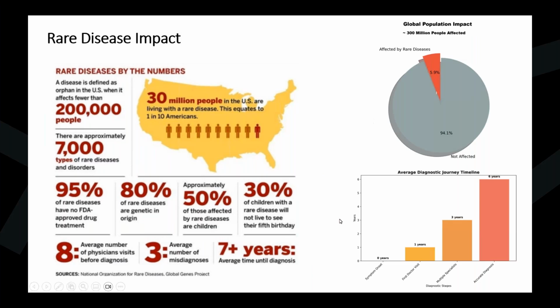As I said, you have to visit doctors many times and do many different tests until you get a diagnosis. So take a look at the horizontal axis. Let's say the symptoms start at 0 years, and then you go to the doctor in less than a year, and then you have to visit multiple doctors in the first 3 years, and then you get an accurate diagnosis in around 6 years, and in some cases more.